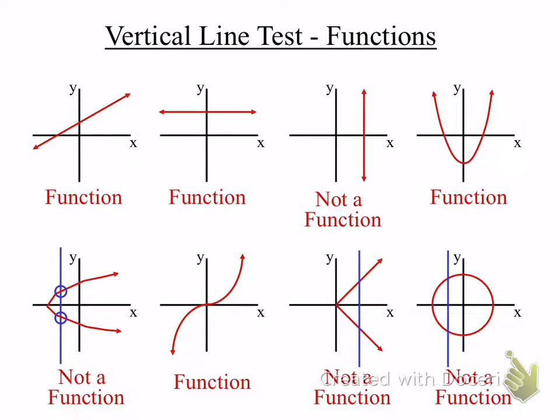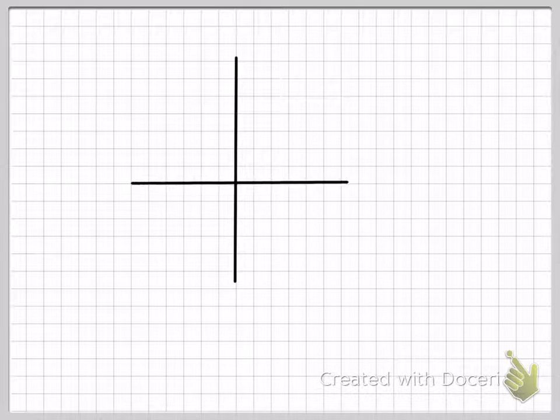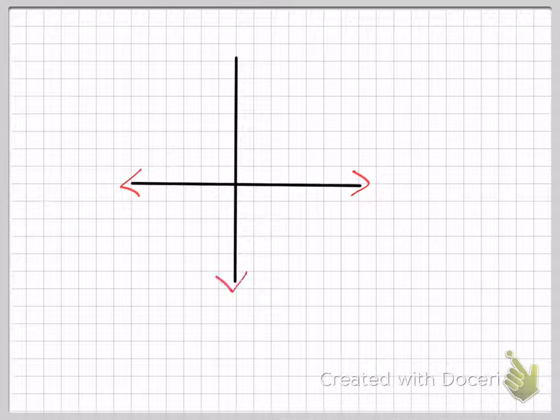Now, we could also have, really quickly, if I gave you a graph that looks like this, okay, and I have something that looks like this, is this a function? Yeah. Run the vertical line test with it.